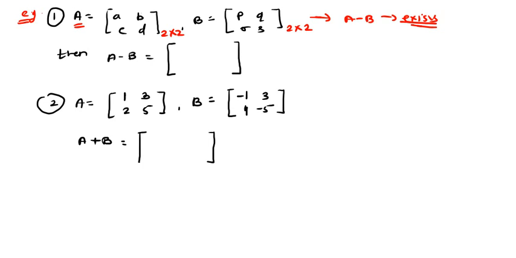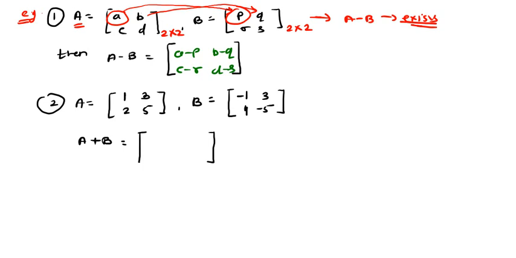The corresponding elements of each matrix get subtracted from each other. The corresponding element of A is P, so it will get subtracted. So the subtraction will be A minus P, then B minus Q, then C minus R, then D minus S. So this is how we subtract two matrices.